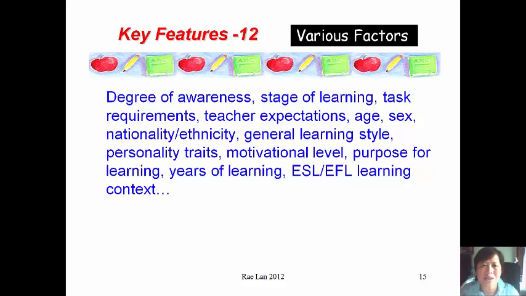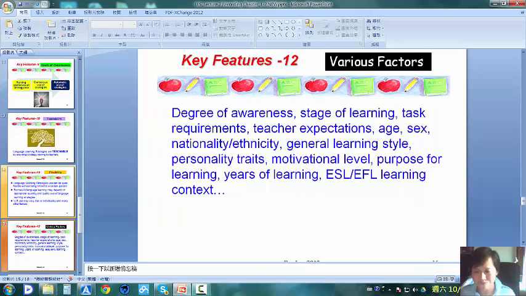Now, which context do you think requires more strategy use? In other words, do you think ESL learners use more strategies, or EFL learners use more strategies when they learn English? We will come back to talk about the answer on Monday, but think about this.